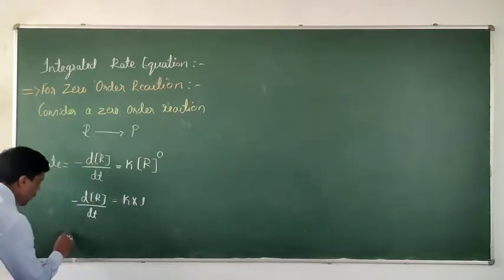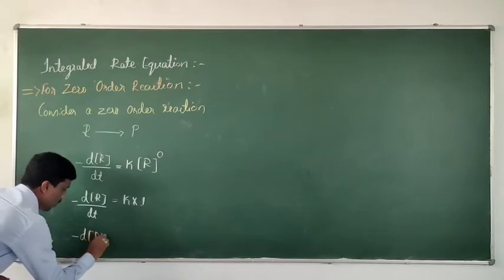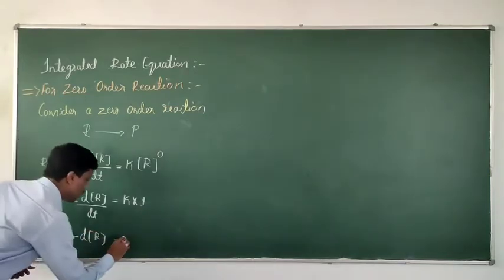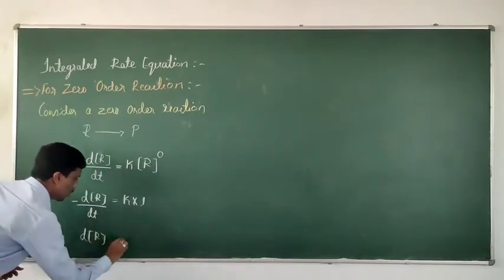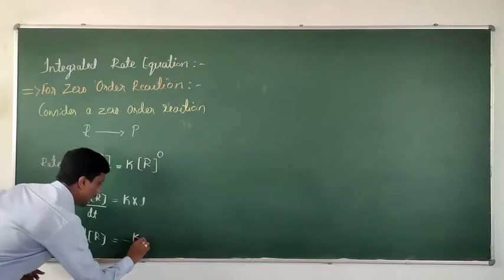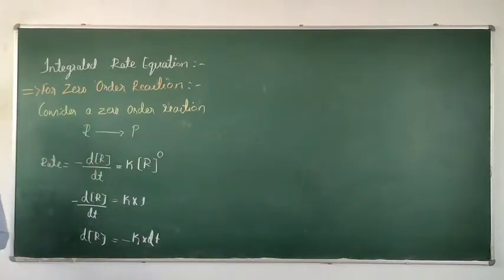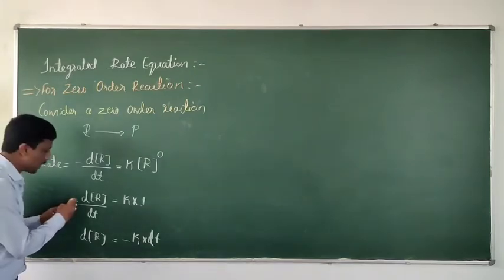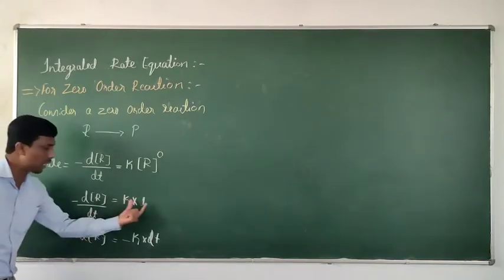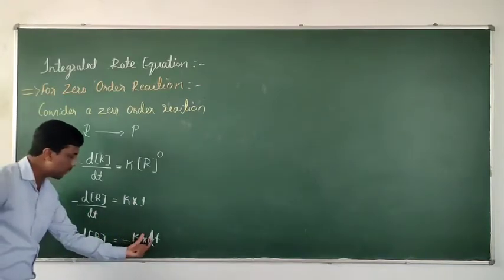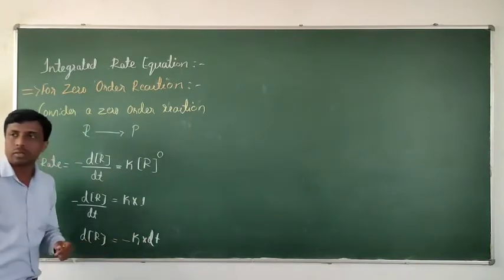Then dR is equal to minus K into dt. I have taken the negative sign to this side and sent the denominator dt to that side, so you have the multiplication with K. So dR is equal to minus K into dt.